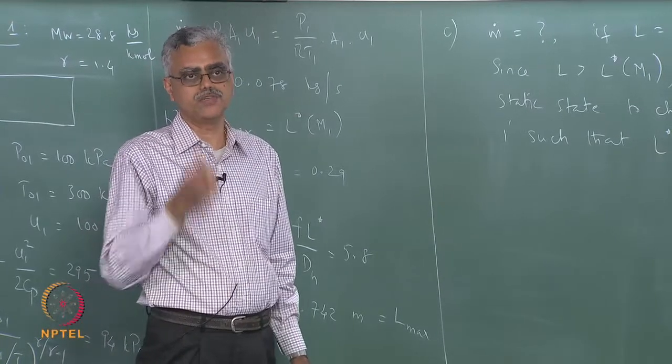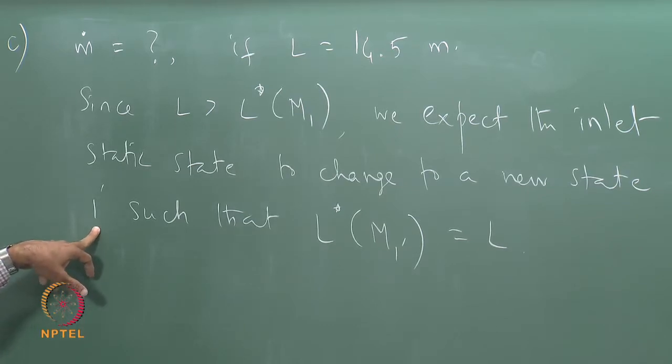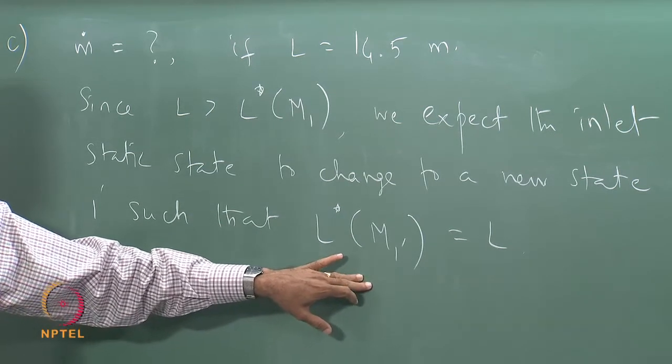If exit pressure is specified, then we need to determine an inlet static state which is such that the pressure at the exit of the duct matches the exit ambient pressure. Since nothing has been given, we will assume that it comes out at the sonic state. Okay.